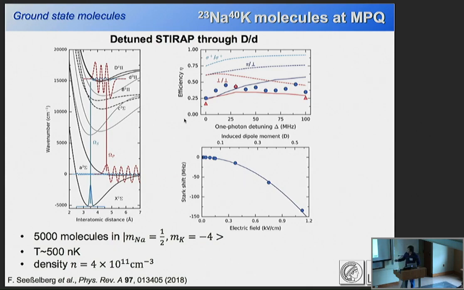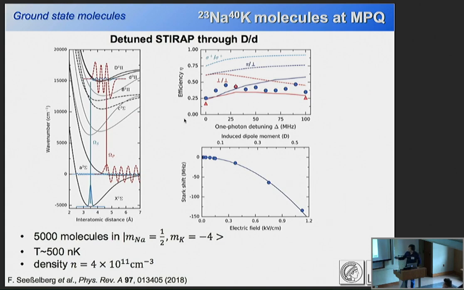Anyway, we can routinely produce 5,000 ground state molecules in this hyperfine state. Note, it's not the ground hyperfine state, but it is the vibrational ground state, with a temperature of about half a microkelvin and a density of 4 times 10^11 per cubic centimeter.